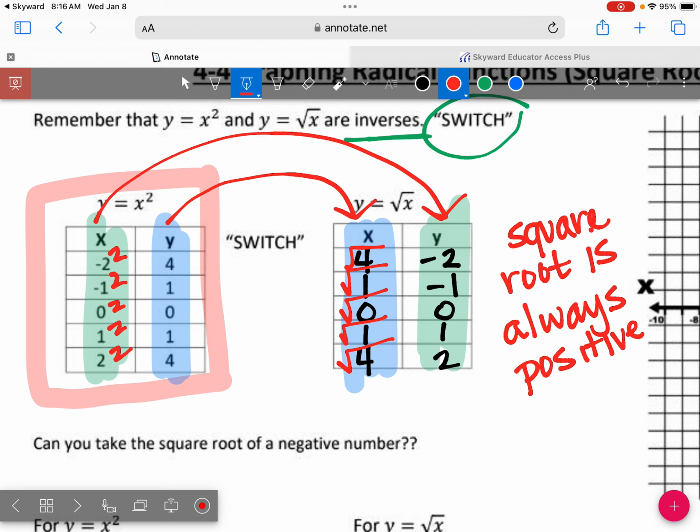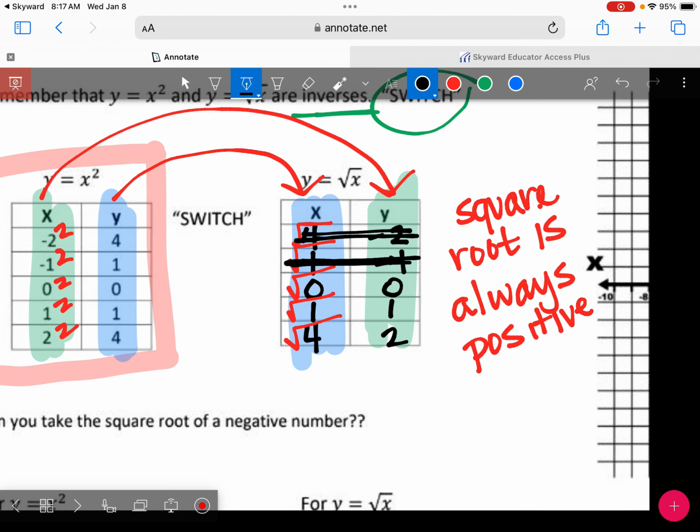Because when we take the square root of 4, we're not going to get -2. And the square root of 1 is not going to give us -1. So we can actually cross those two off our table. So our inverse only has 3 points that we're going to graph.